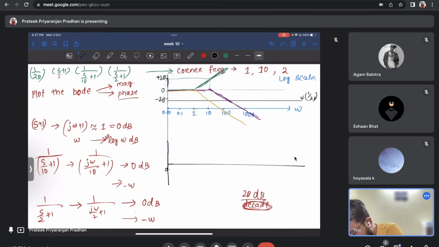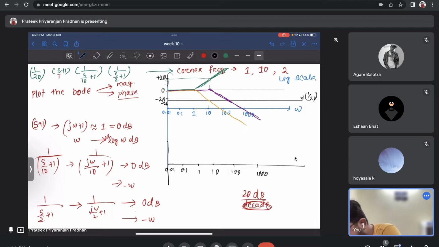So 0.01, this is 0.1, this is 1, this is 10, this is 100, this is 1000. Okay. So till this point, I want all of your attention. Till point 1, everything was 0, but this was minus 26 dB. I will write it as minus 26.